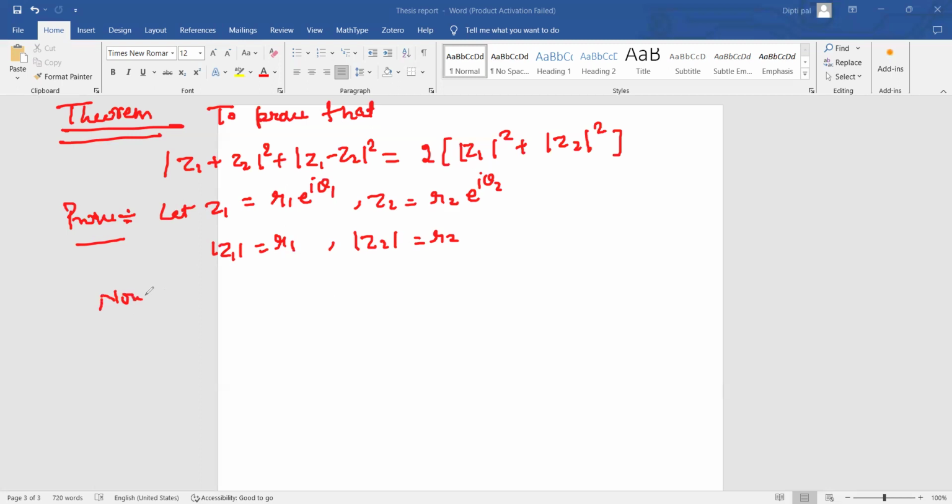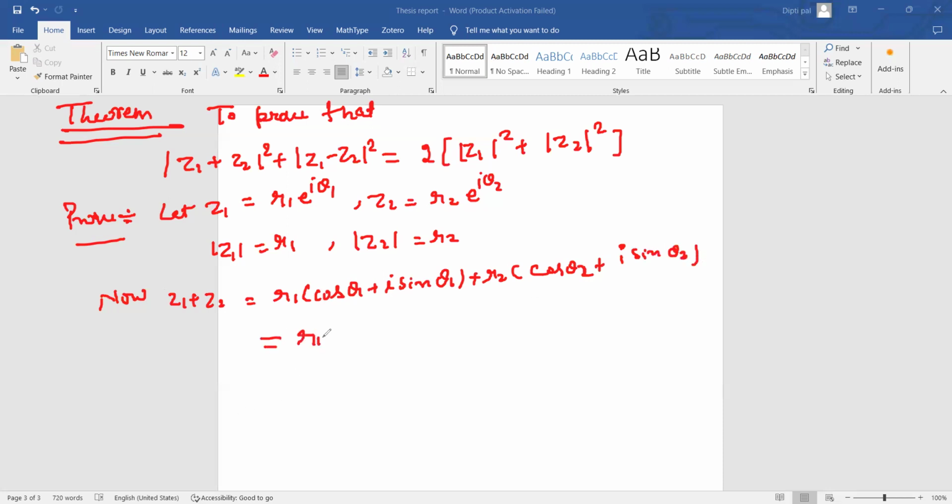Now Z1 plus Z2 will be R1 (cos theta 1 plus I sin theta 1) plus R2 (cos theta 2 plus I sin theta 2).